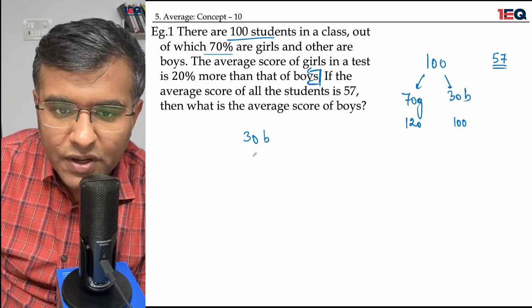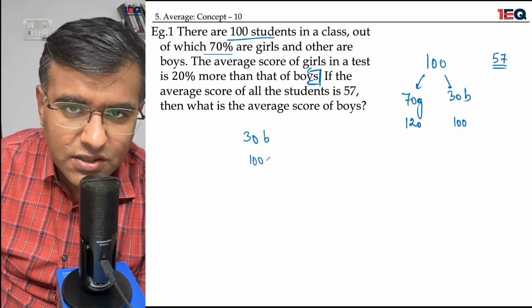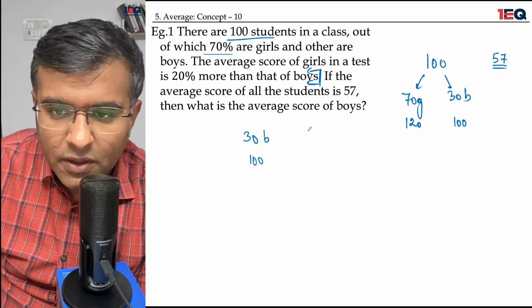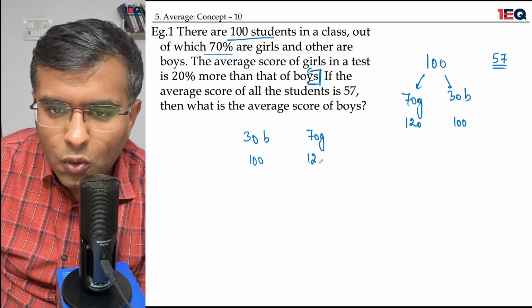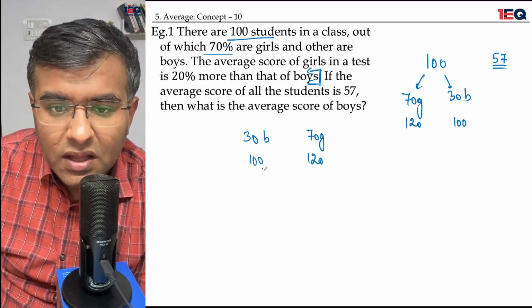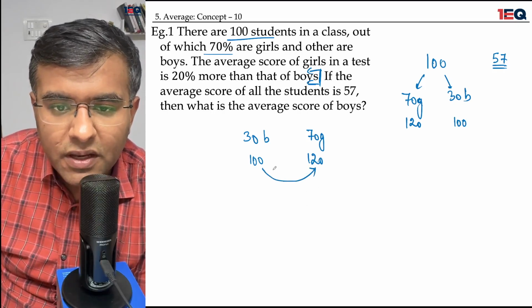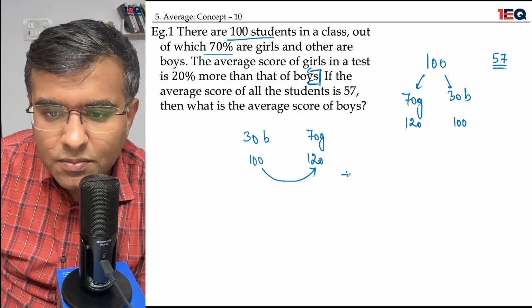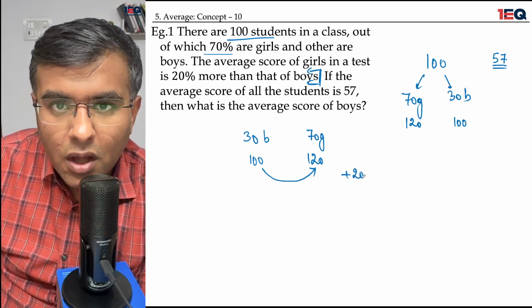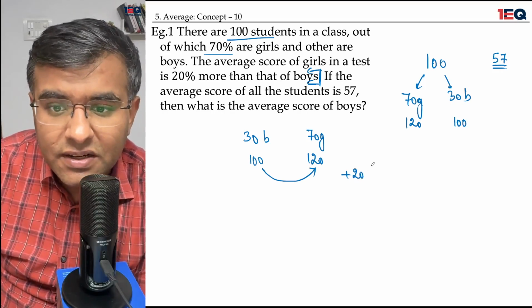If there are 30 boys, they scored 100 marks each. If there are 70 girls, they scored 120 marks each. The gap between the normal scorers and the better scorers was plus 20. And how many students actually created this gap?